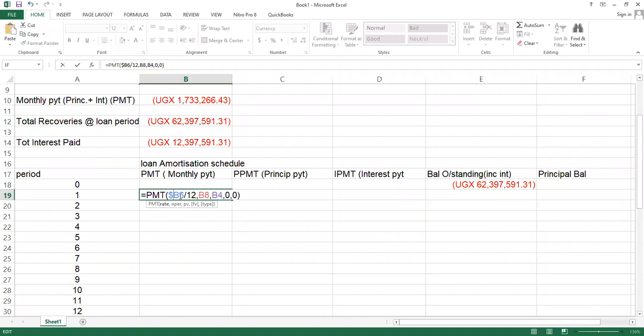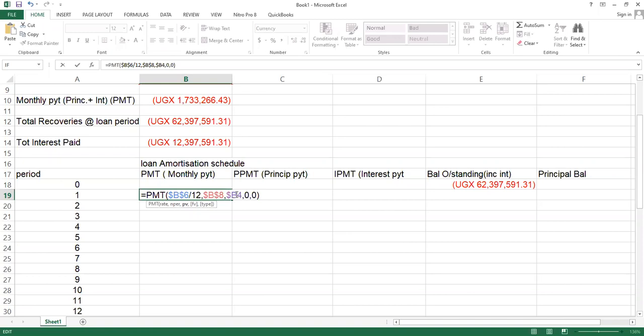I lock that, then I come in between here, shift, lock that cell. Then the 12, of course, I will not lock that. I come in here. This is the NPER, number of periods. I lock it. Then I also come in between. I lock that. Then the PV is the loan amount. I also lock it. Shift.